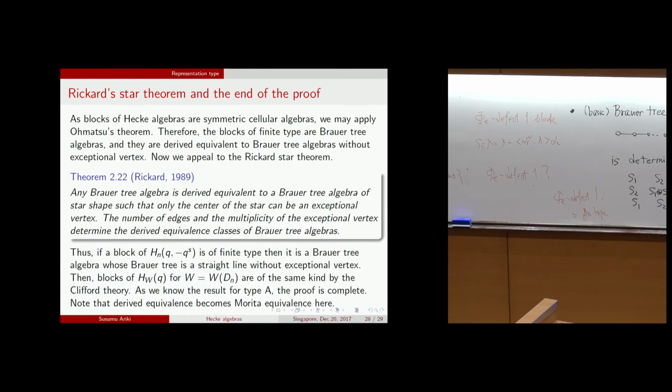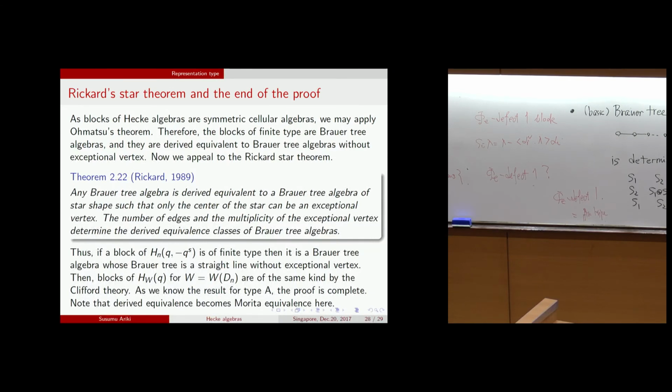So we know that any finite type block is derived equivalent to a finite type block which has no exceptional vertex. And we know that both are Brauer tree algebras, and we know that they are straight lines. Trees are straight lines.